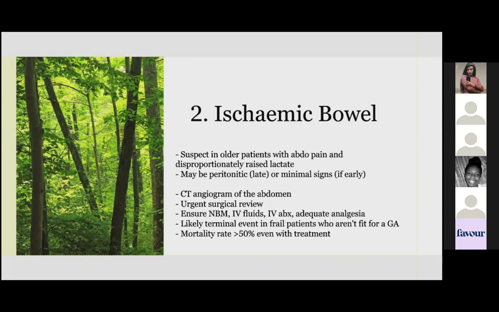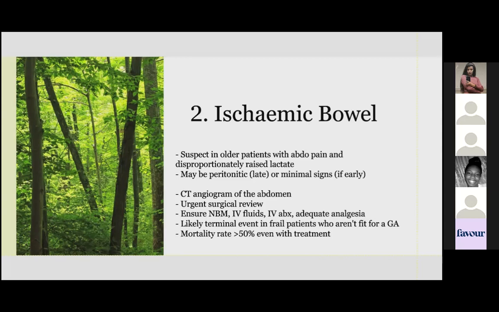If they're becoming shocked and shut down, there'll be anaerobic metabolism. And this causes them to have a very high lactate, disproportionate often to how the patient otherwise presents. Sometimes they don't present with abdominal pain at all. Sometimes the abdomen isn't tender at all on examination, but this very high lactate in an older patient is concerning for this pathology.